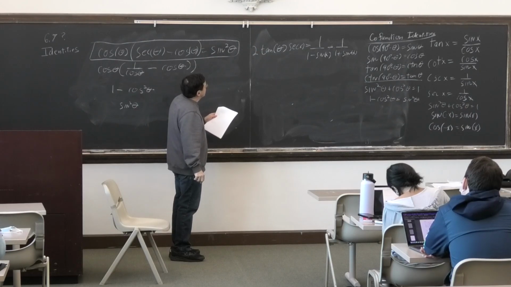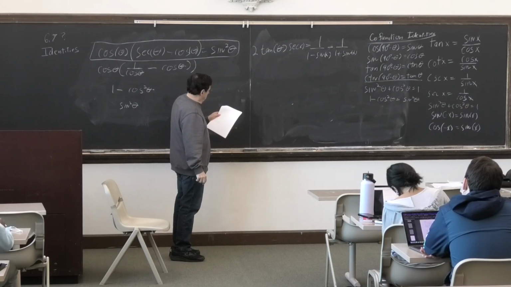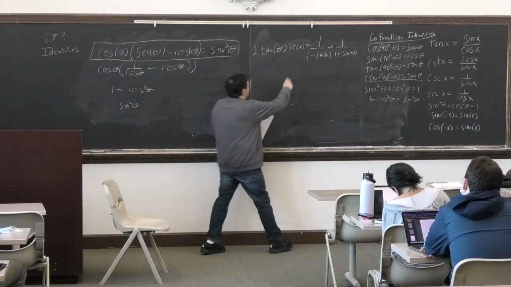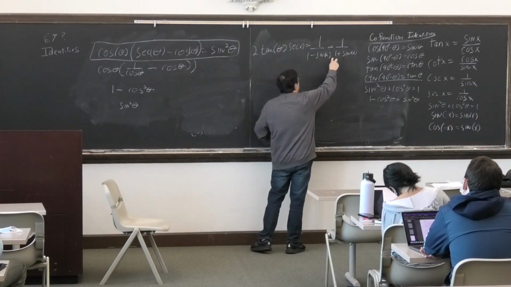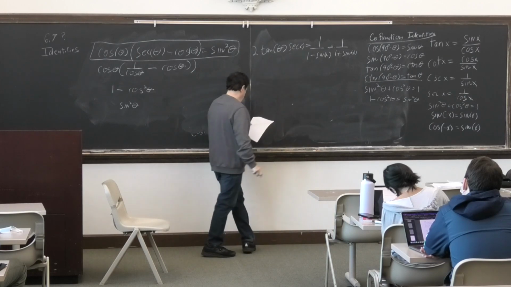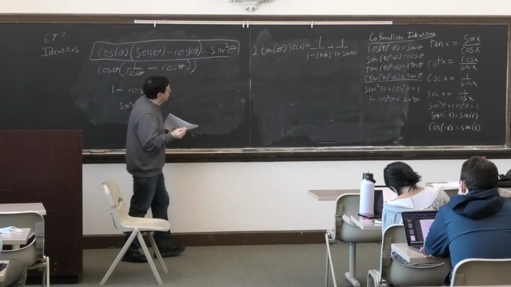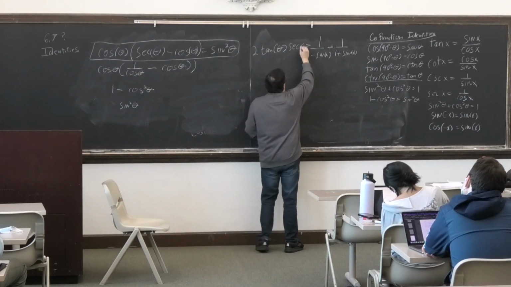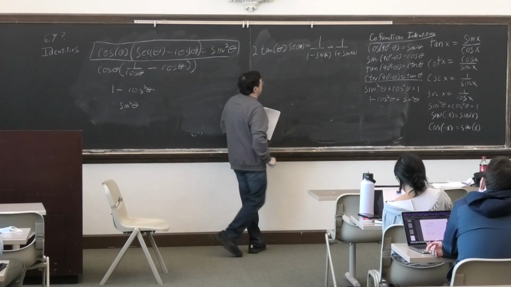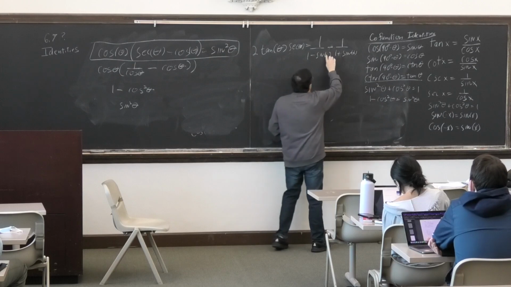Well, good. We can go either way. We can work this and try and get this. We can work this and try and get this. Sometimes you have to try both of them and find the one that's going to get you there.